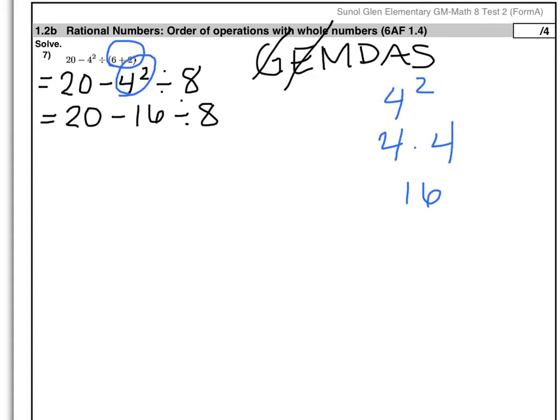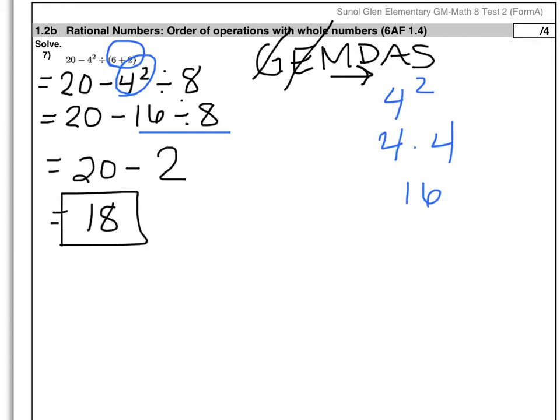Now I have to do all multiplication and division before I do adding and subtracting. So that means I have to do this piece before I do the 20 minus anything. So I'm going to write 20 minus, and my division, 16 divided by 8, is 2. And 20 minus 2 is 18. Okay, so number 7, the answer is 18.